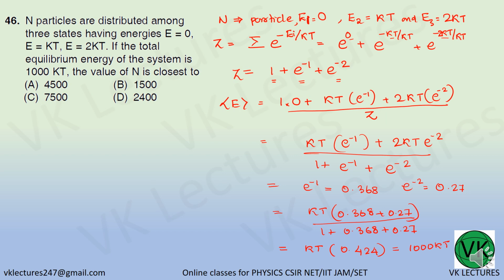So kT gets cancelled, and N into kT into this much, so N is equal to 1000 divided by 0.424, which comes to 2,400, almost equal to 2,400 particles. This is the average energy; when you multiply by N, you get the total energy. So option D.